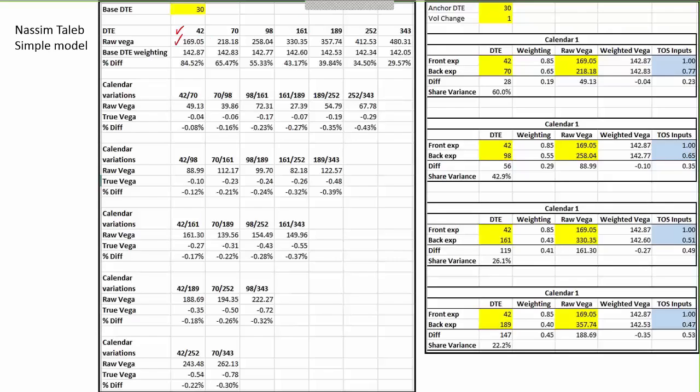Okay, and then what we're doing here is that we're using that formula from the prior slide to figure out what the real weighted Vega is, and then this column over here, the percent diff, compares the raw Vega to our weighted Vega, right? And this really is the line that I think is interesting. Okay, so all of this kind of stuff going all the way through.